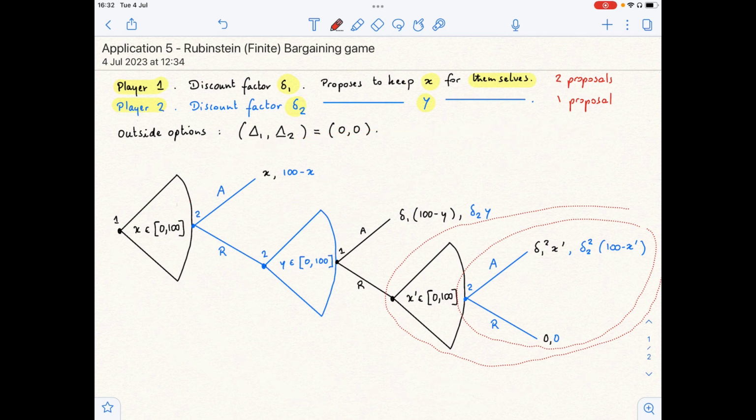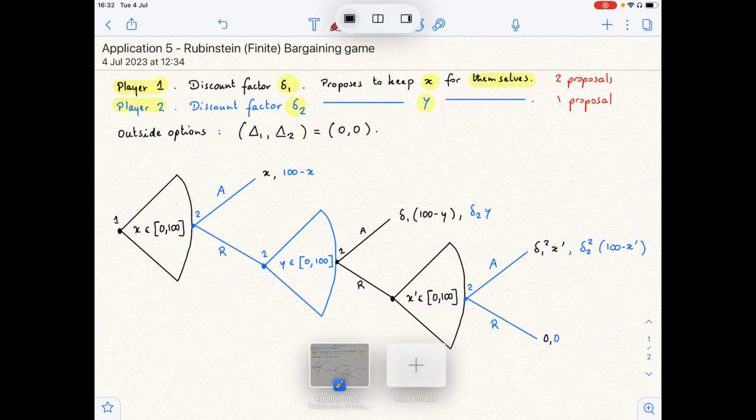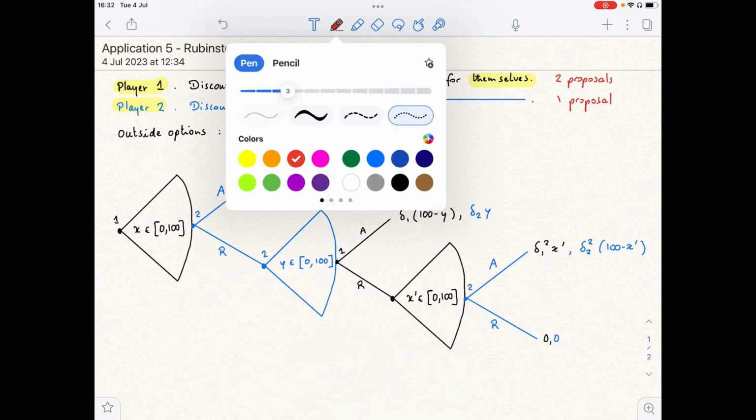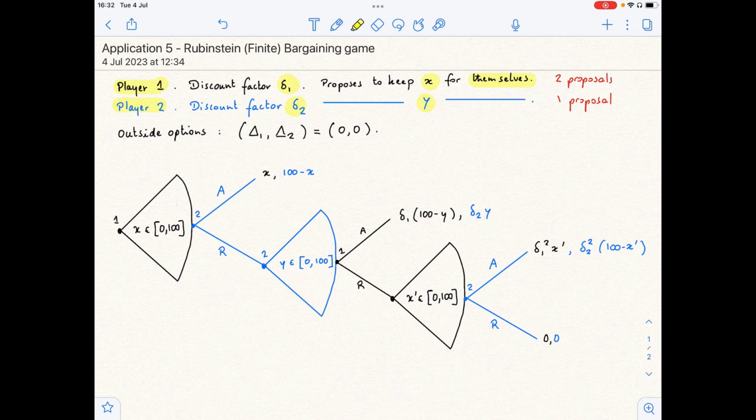So let's start at the bottom of the tree with this subgame. All right, so in this case, player 2 has received the offer X prime by player 1, right? And at this decision node here, player 2 has to decide between accepting the offer and rejecting the offer.